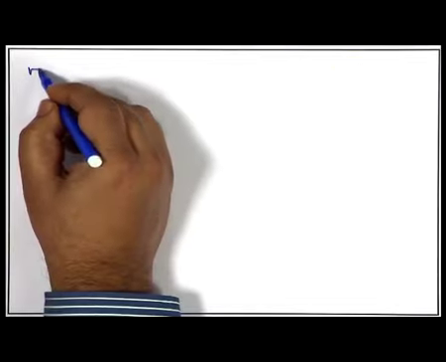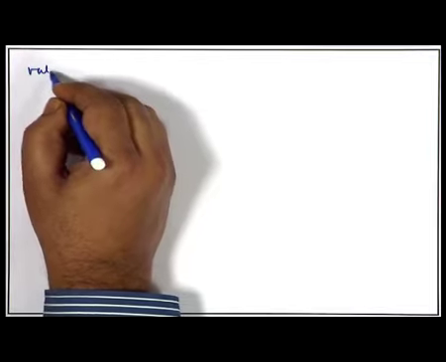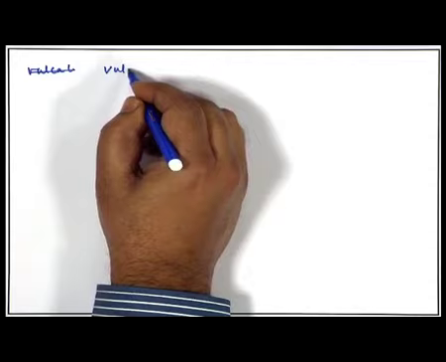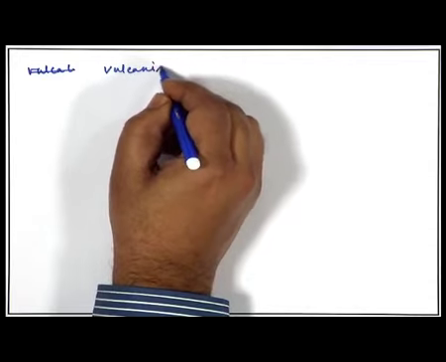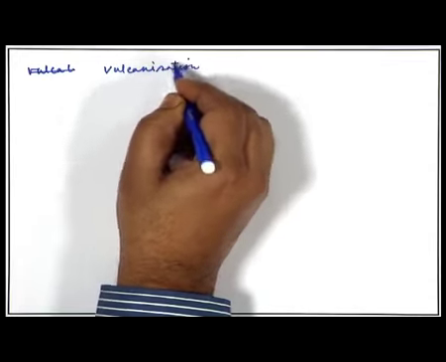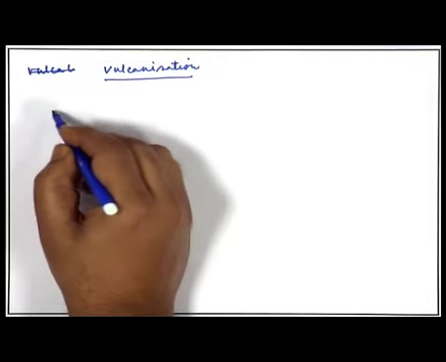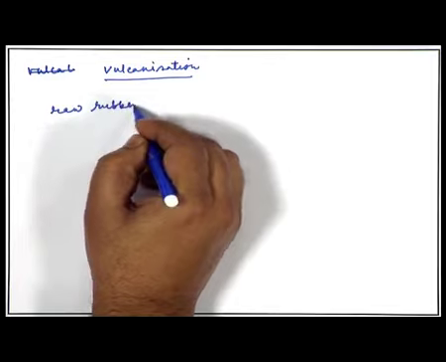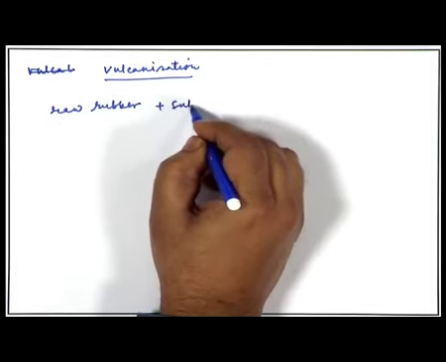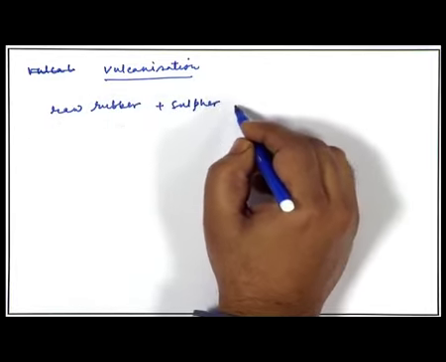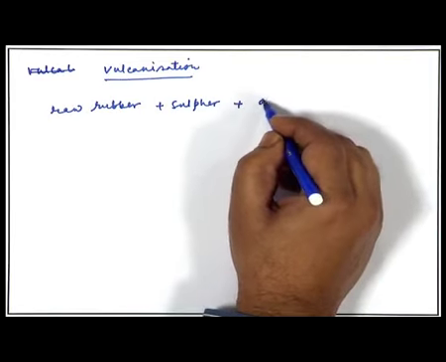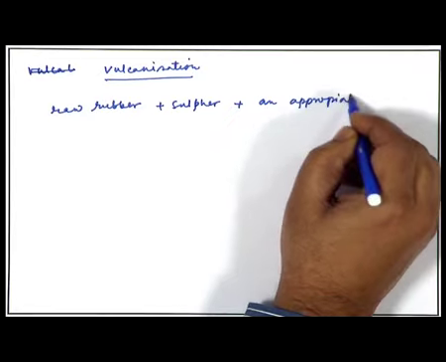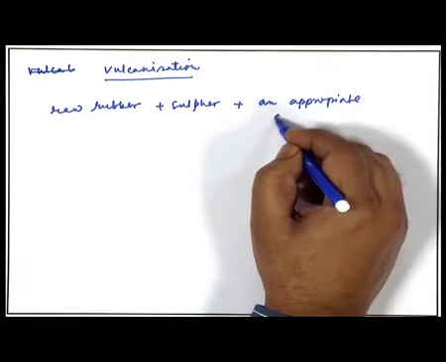So, vulcanization is: you take the raw rubber plus sulfur plus an appropriate additive, which basically accelerates this cross linking process.